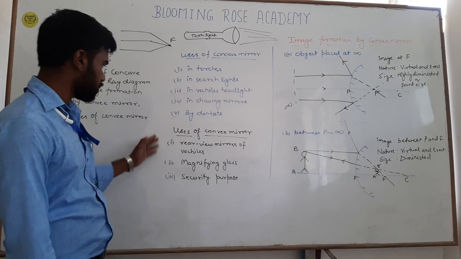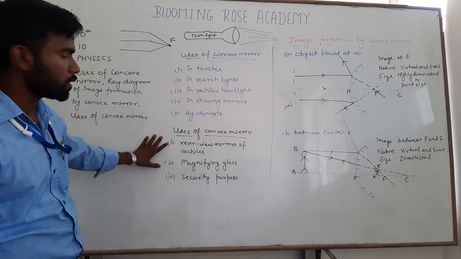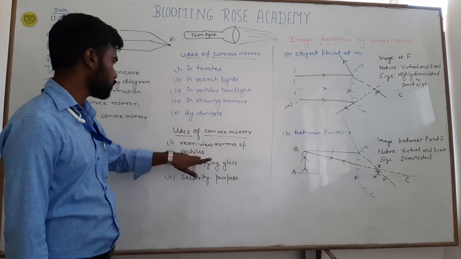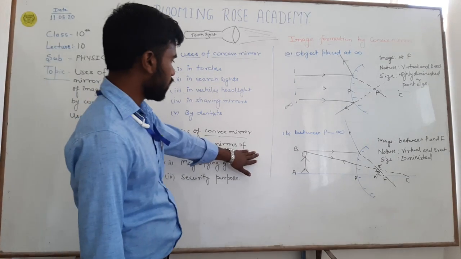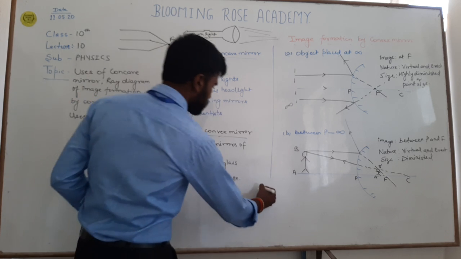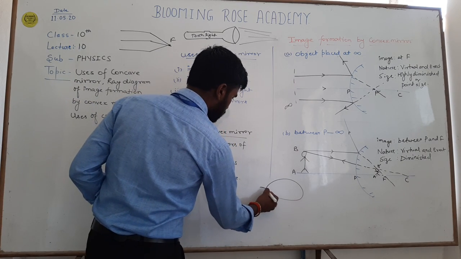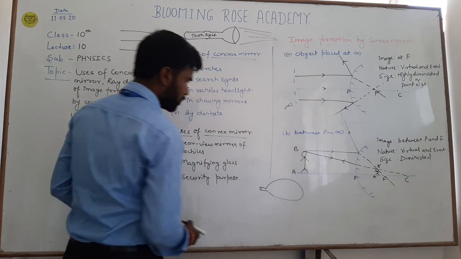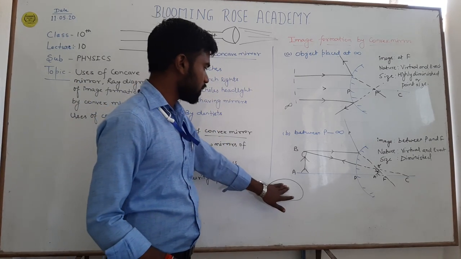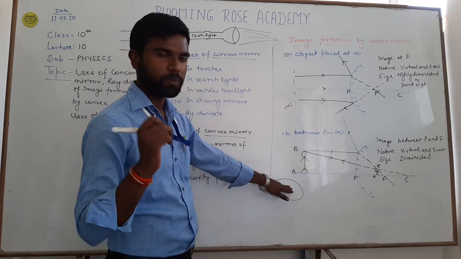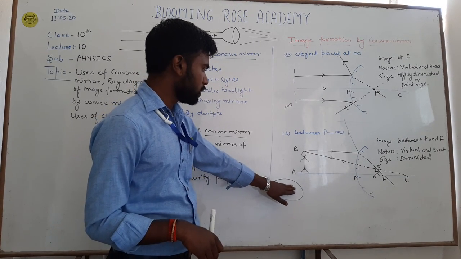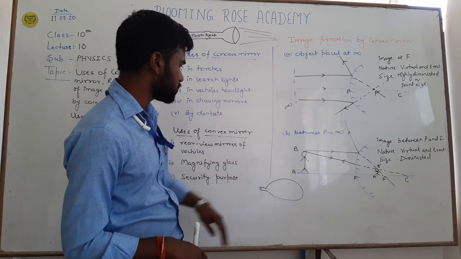The next topic was uses of convex mirror. There are three uses of convex mirror which were written on your whiteboard. First one is in rear view mirrors of vehicles. As you have seen in bikes or cars, the side mirror is attached to see the rear view of vehicles coming from the back side of the road, to prevent us from accidents.